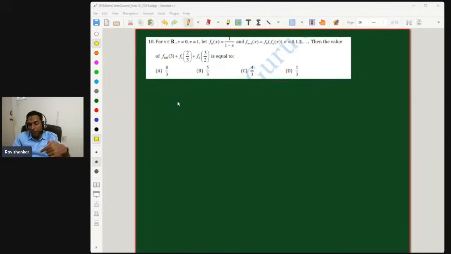So here you have f of, etc. You have to understand that f100 means you have to use that f(n plus 1) x definition.